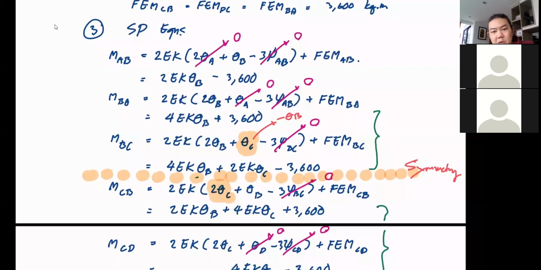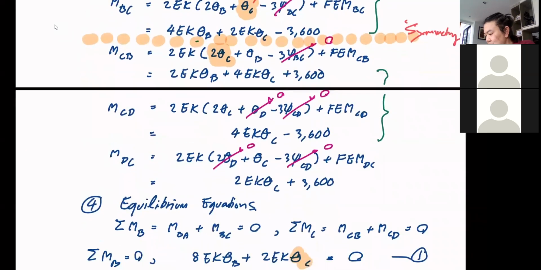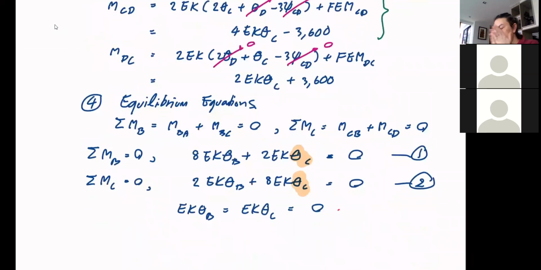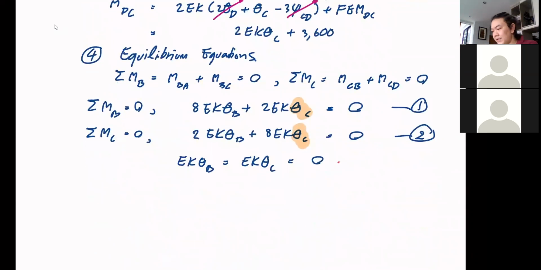One equation, one unknown. Like I say, in less than 5 minutes, you can actually solve zeta B. Okay? So now you have solved the unknowns. It's time to go back to calculate end moments.